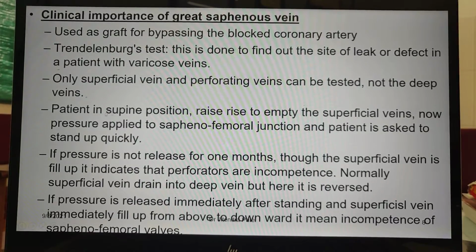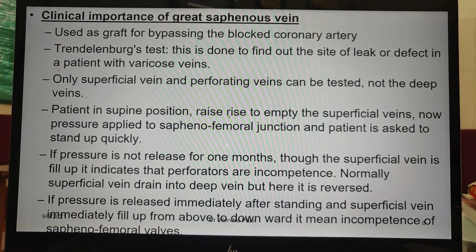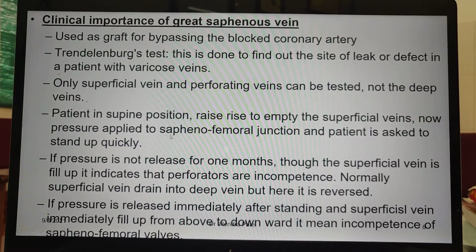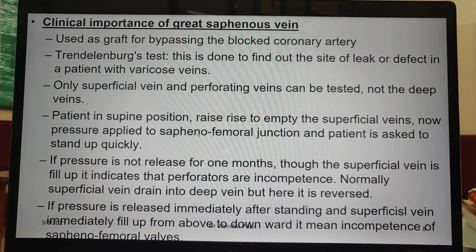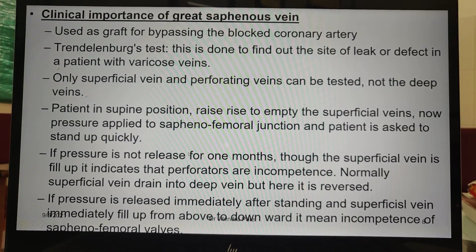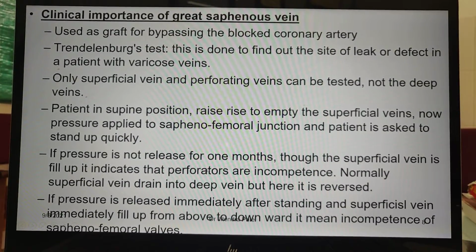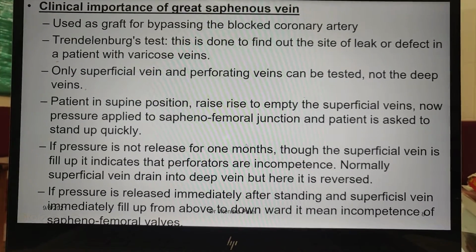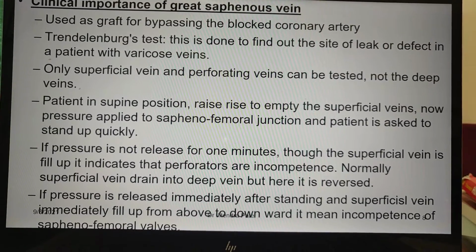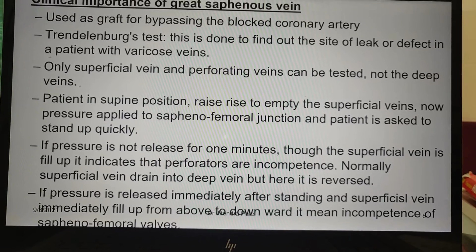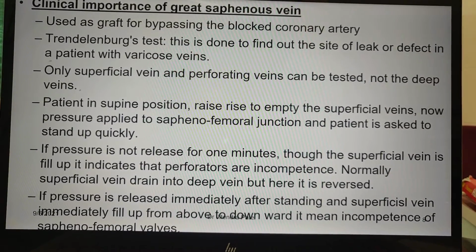First of all, the patient is in supine position and the leg is raised to empty the superficial veins. Now pressure is applied at the saphenofemoral junction and the patient is asked to stand up quickly. If the pressure is not released for 1 minute and the superficial vein still fills up, it indicates that the perforators are incompetent.